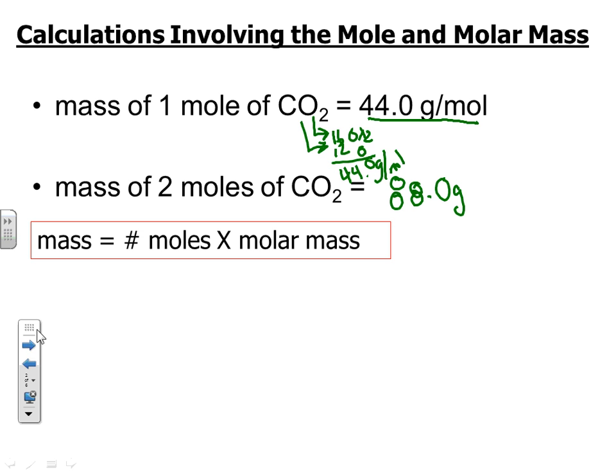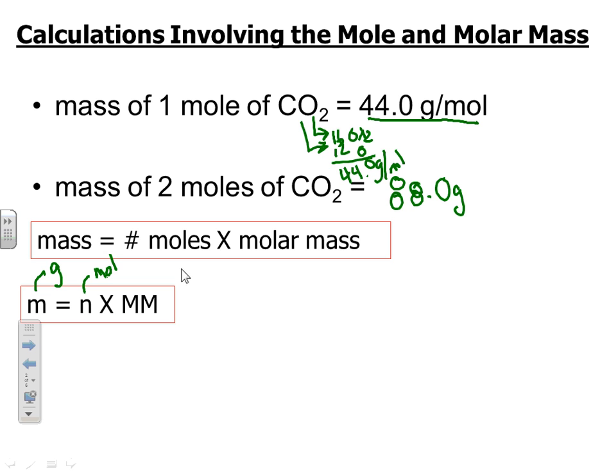So that brings us to some equations. The mass of the substance we want to get is equal to the number of moles times the molar mass. Now we do have a proper equation for this, where M is the mass in grams, N is the moles, and molar mass is that molar mass that we calculated in grams per mole.